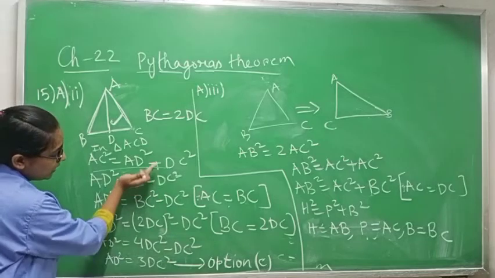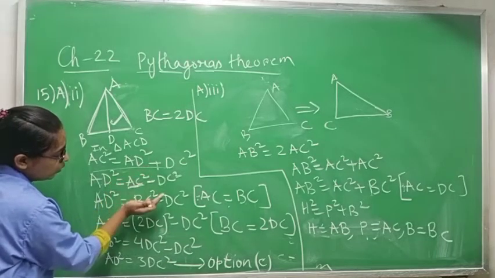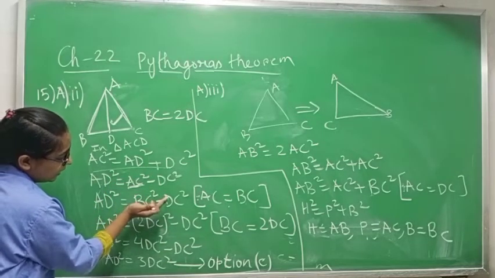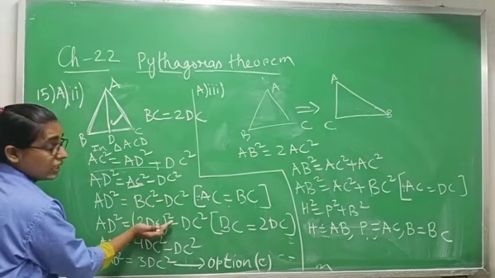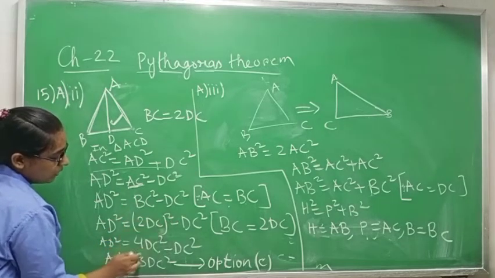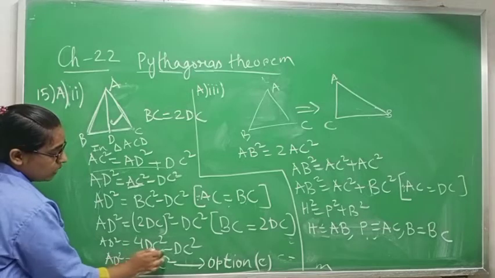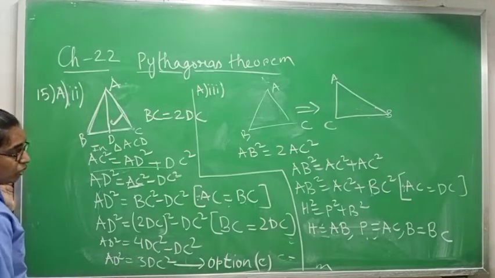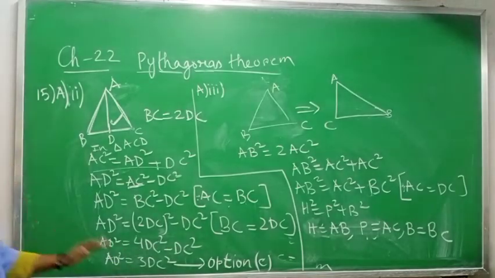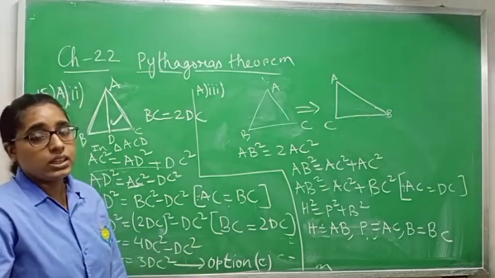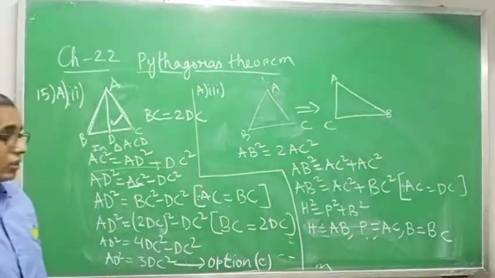First I am converting this AC to BC, then I am converting this BC to 2DC. So 2DC will give you 4DC square, and 4DC square minus DC square will give you 3DC square. Which option is correct? Option C is correct. Okay, understood this one?